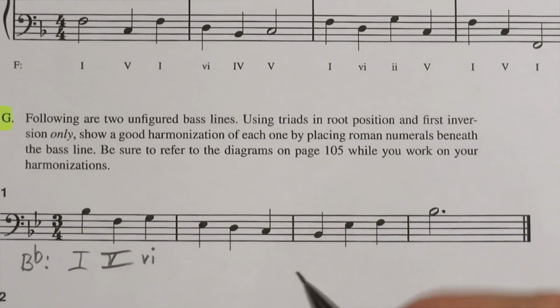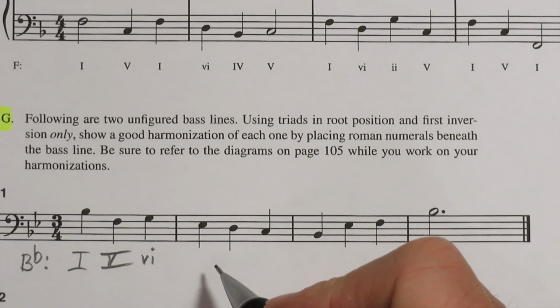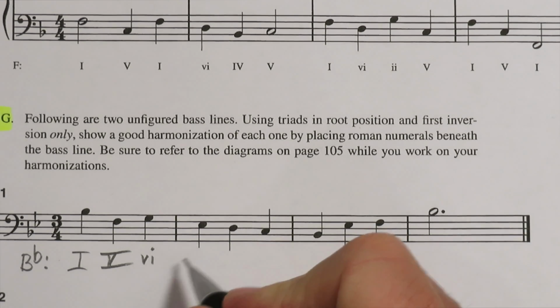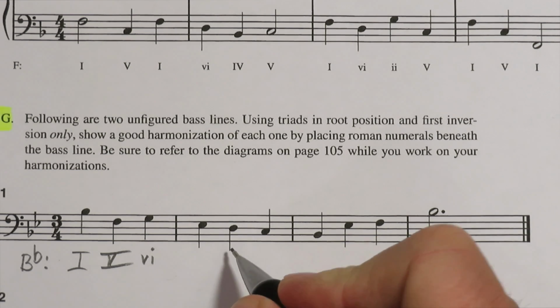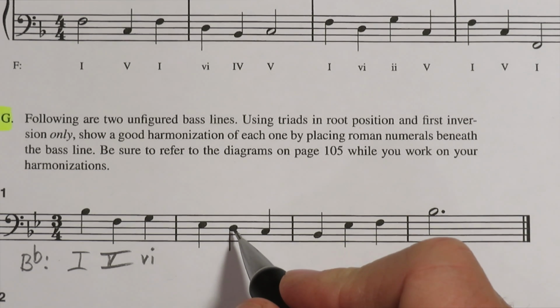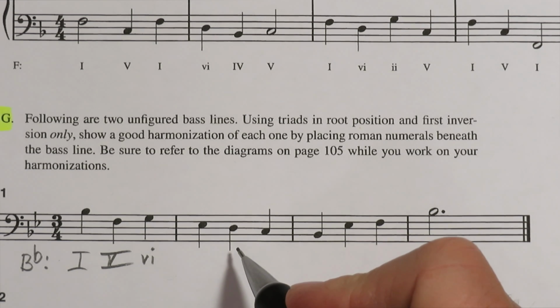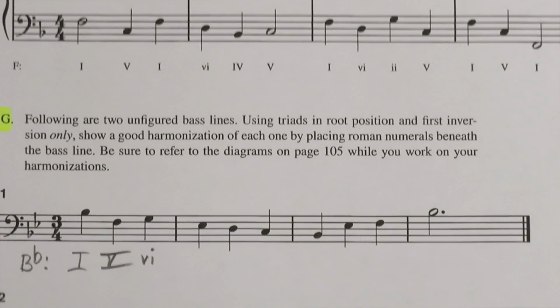And let's see. 6-2. Then we have a D minor, possibly the 3 chord. Can the 2 go to the 3 chord?